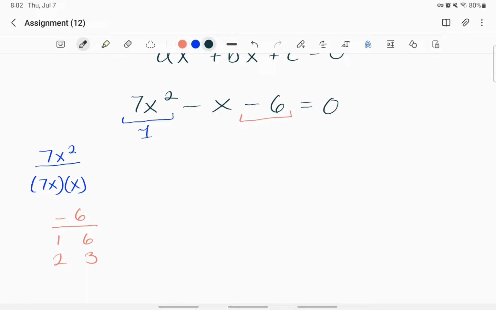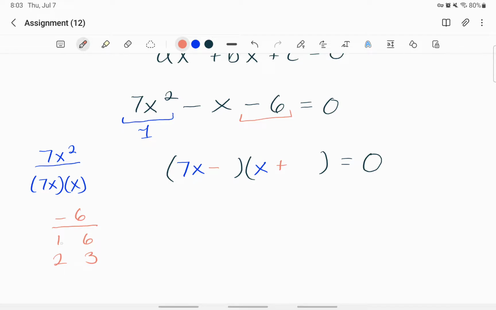Now, let's perform the trial and error process. 7x squared is factored into 7x times 1x. Because this number is negative, one factor has to be negative, the other factor has to be positive. And by the way, the signs may not be in the correct place, so I may have to switch the signs around as well. Trial and error. Let's go for it.